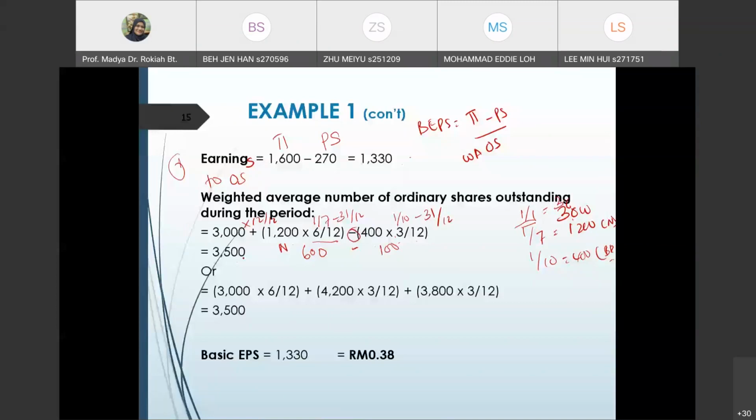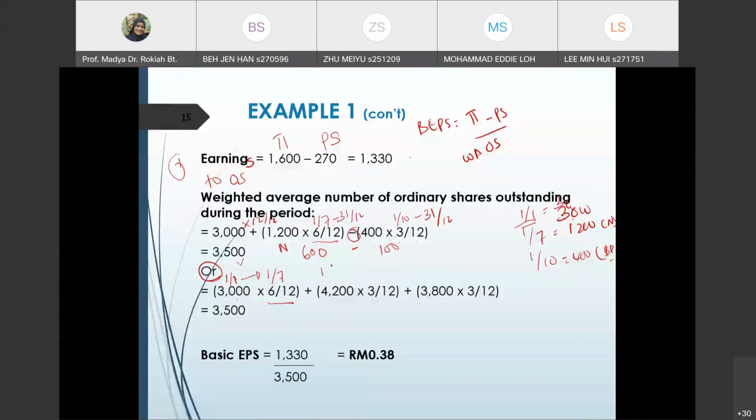Another method to calculate this: starting from 1st of January until 1st of July, you only have 3,000 units of share, so 3,000 times 6 over 12.